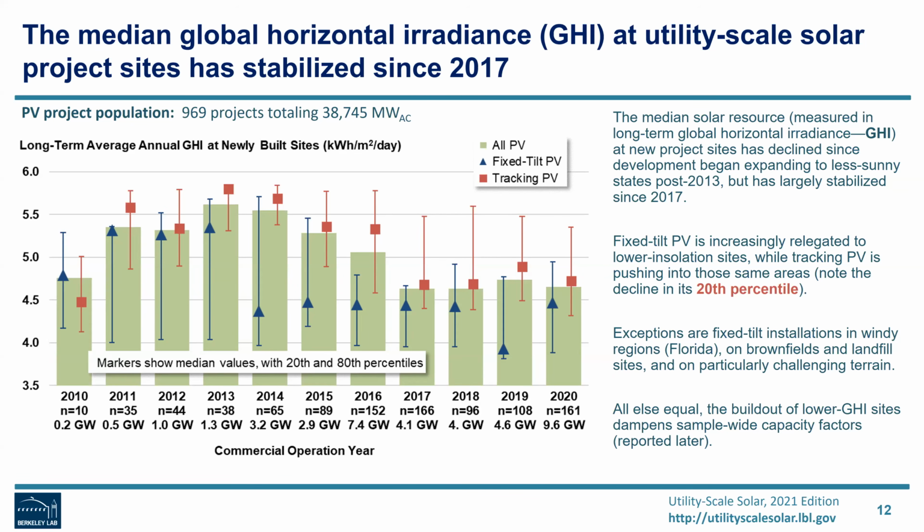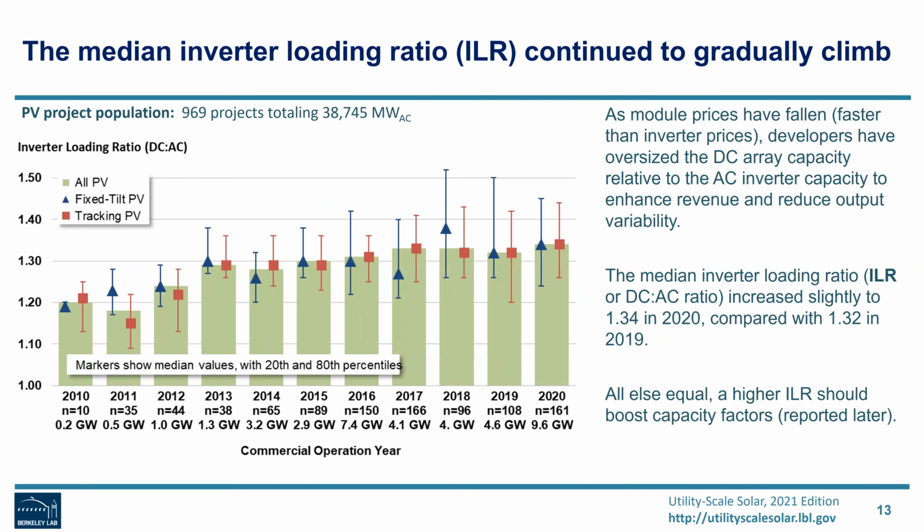Since 2017, that average solar resource has, however, stabilized again. All else equal, this build-out of lower irradiance sites dampens the average performance across all the systems in our sample, as we'll discuss later. Next slide, please.